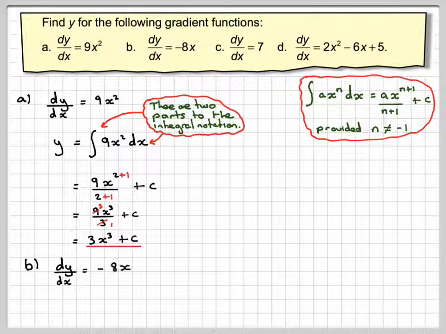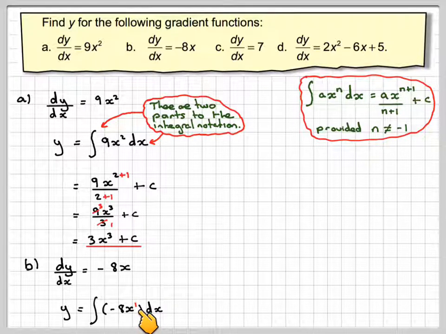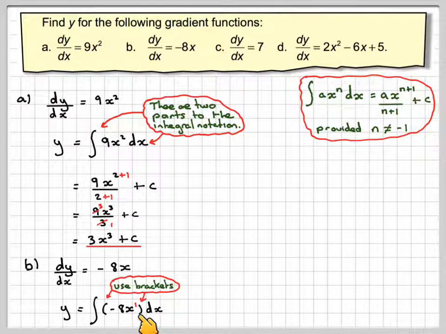dy by dx is equal to minus 8x. At this stage, it'd be best to think of it as y is the integral of minus 8x to the power of 1 dx. I normally wouldn't write that in, but we'll just do it for the introductory questions. Remember the use of brackets here, because it's the integral of all of this with respect to x.